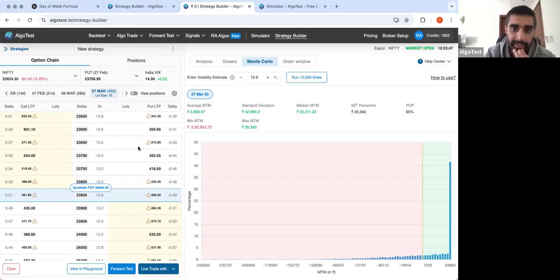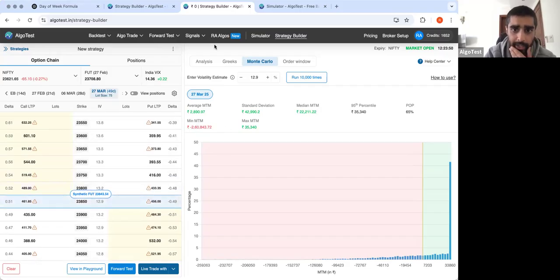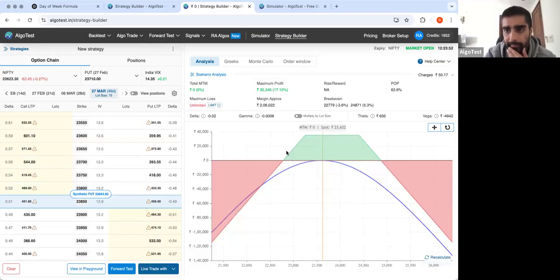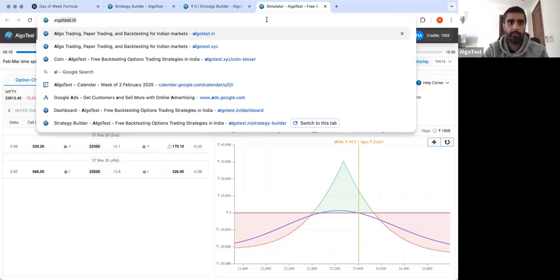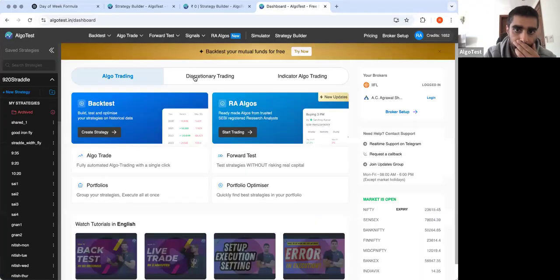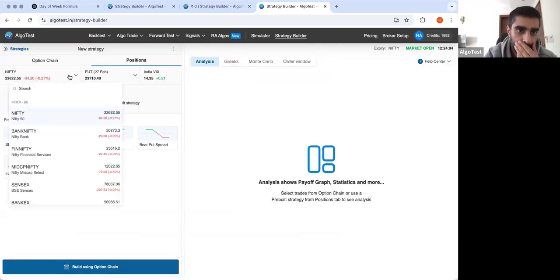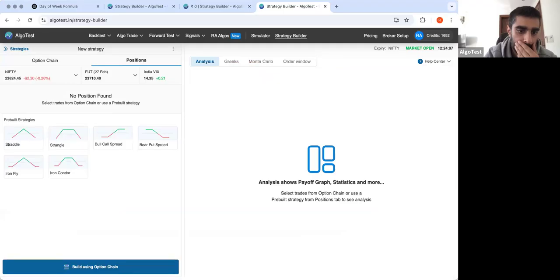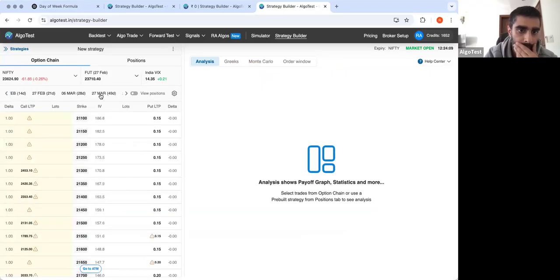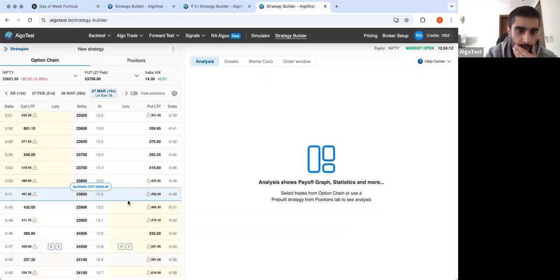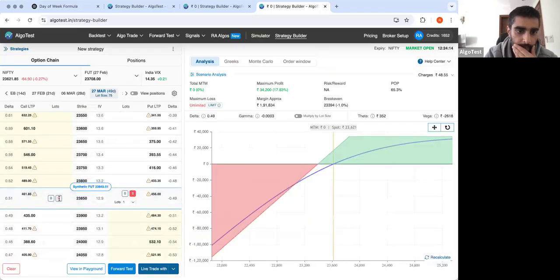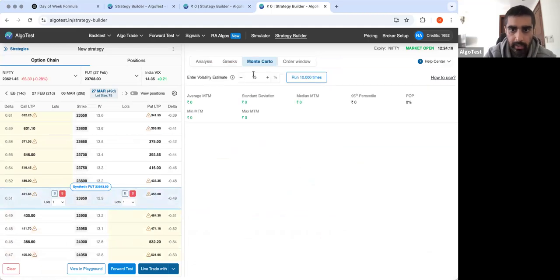So here I have a 2.6 lakh loss, even though, and in the case of a straddle, let me open a straddle in the other one. Monte Carlo, just keep it at I implied vol for now.